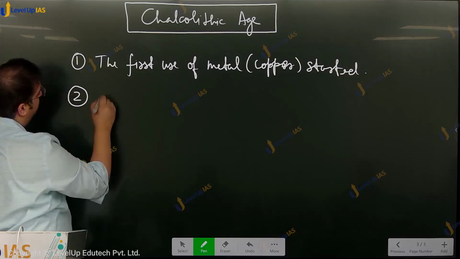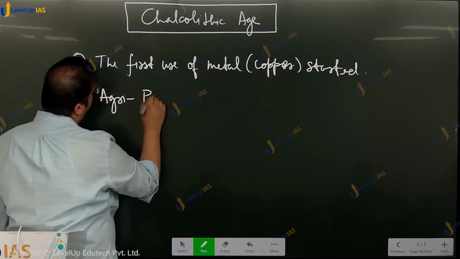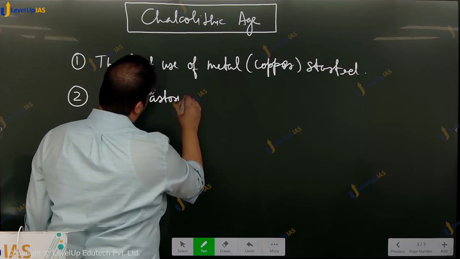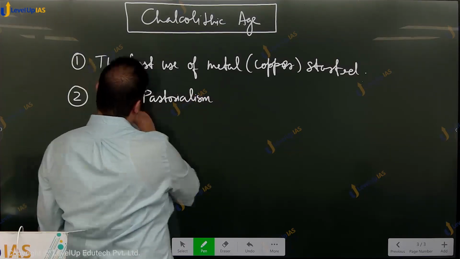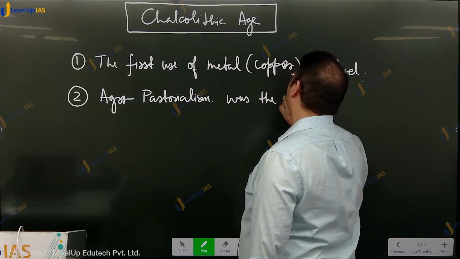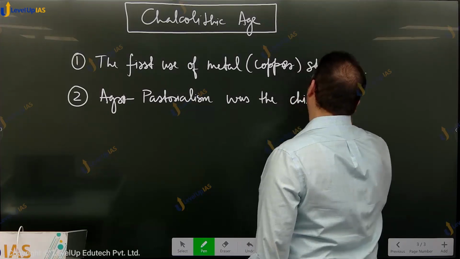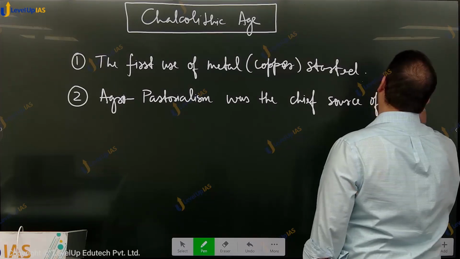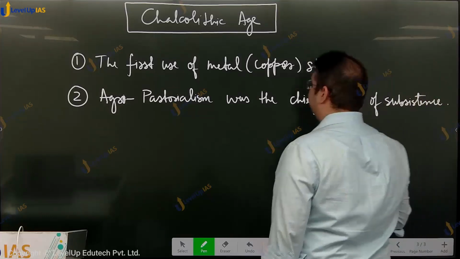Secondly, agriculture and pastoralism. Agro-pastoralism was the chief source of subsistence.